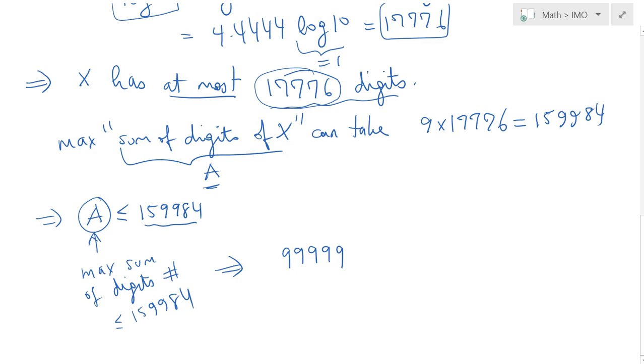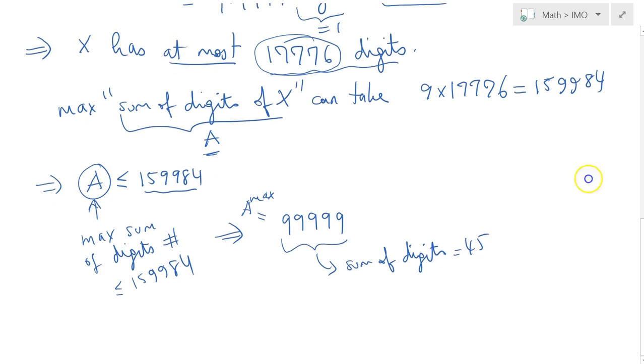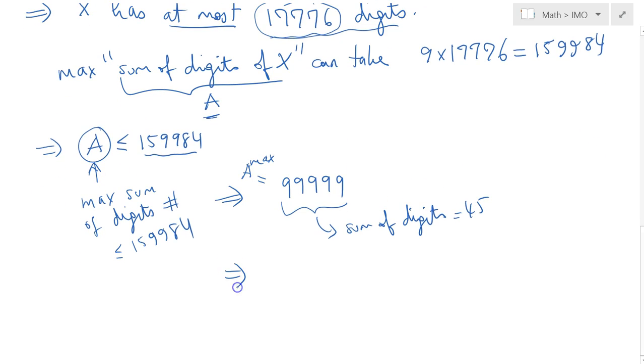So therefore, this is a potential candidate for the number a. We can call it a max, and the sum of digits here is 45. So therefore this gives me an upper bound for the number b itself. So b cannot exceed 45.